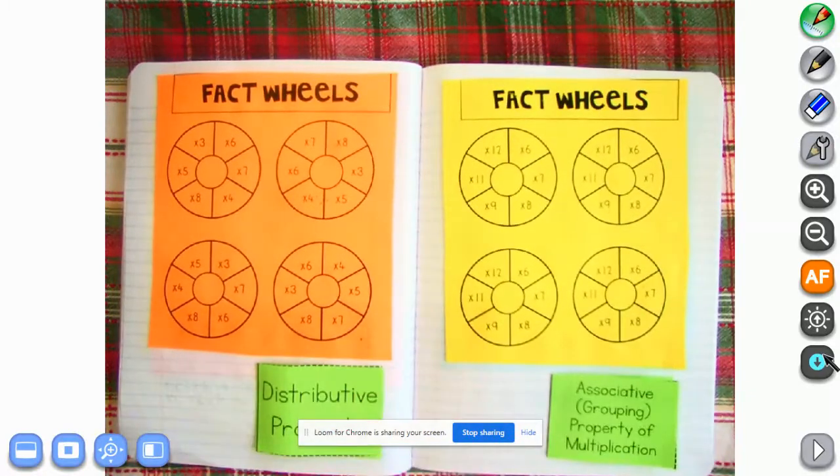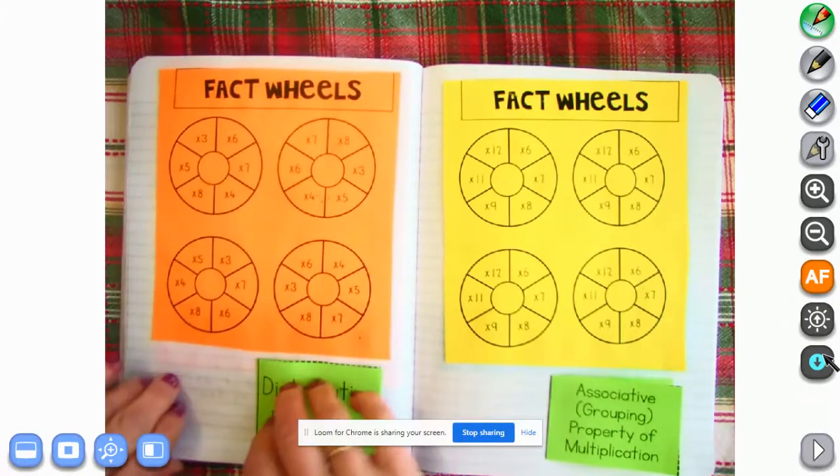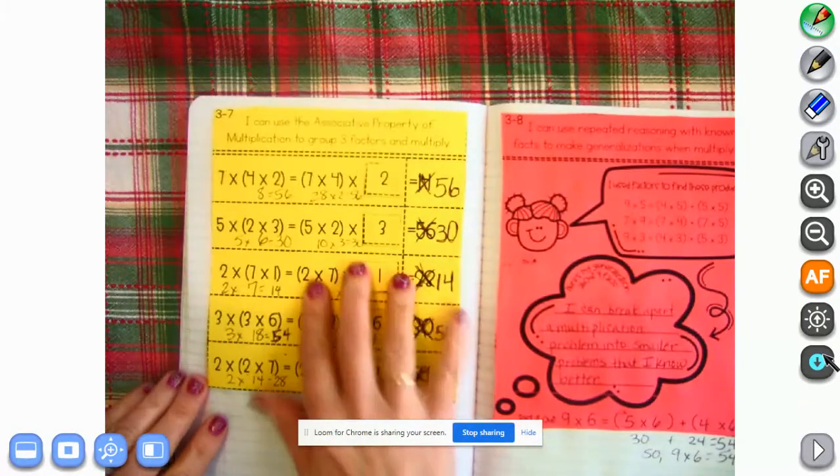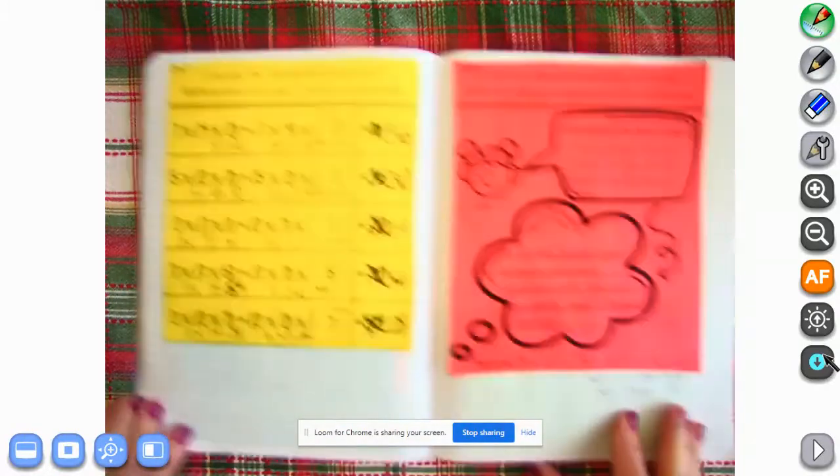All right. So before we go, let's make sure that we have our things glued in for next time. Okay. So today we did page 3.7 and 3.8, and we finished both of those.